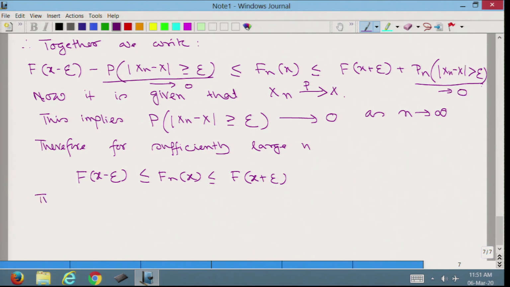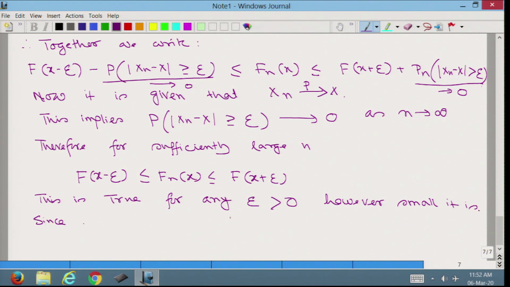This is true for any epsilon greater than 0, however small it is.